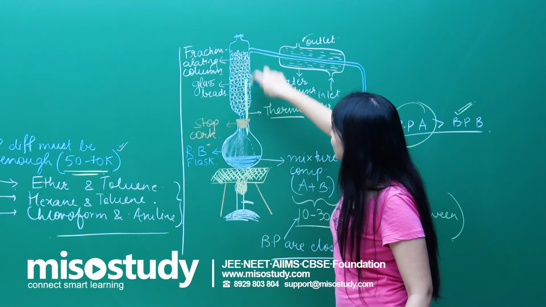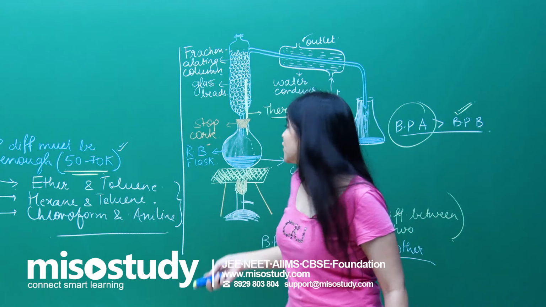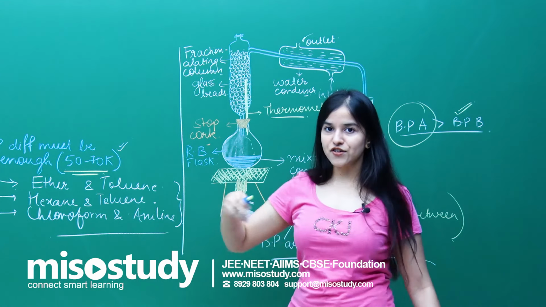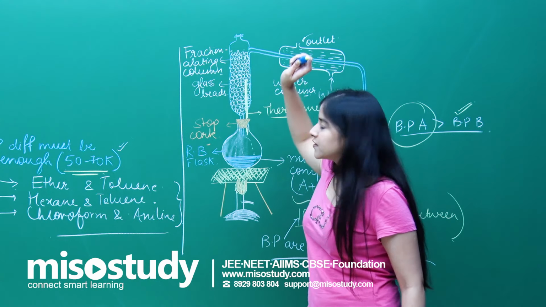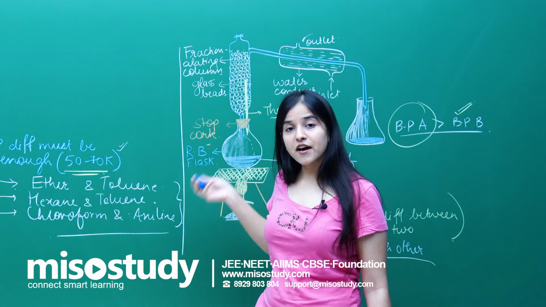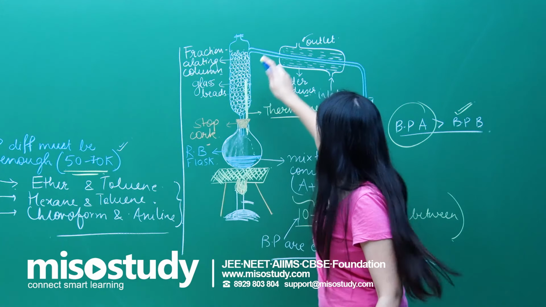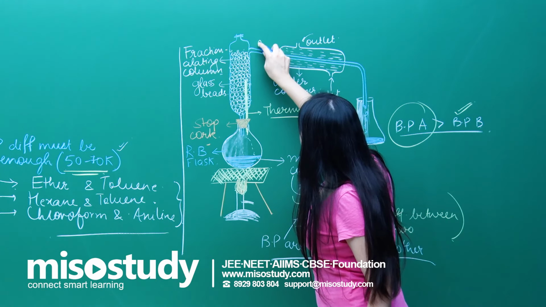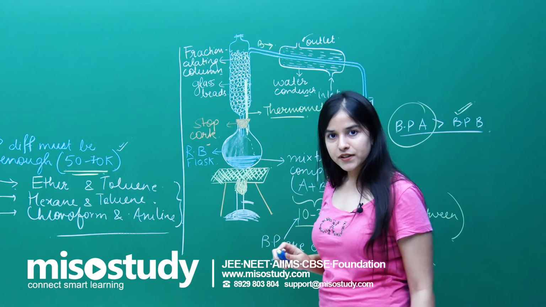So we are actually increasing the traveling time, we are actually increasing the surface area. So here the surface area is increased, the traveling time is increased, and when B reaches the top, it gets enough time for A to boil off. Finally, B condenses first, and then gets collected over here.